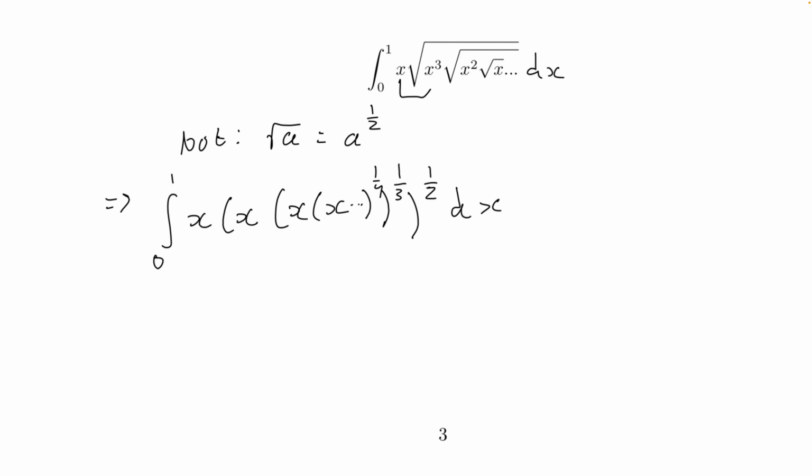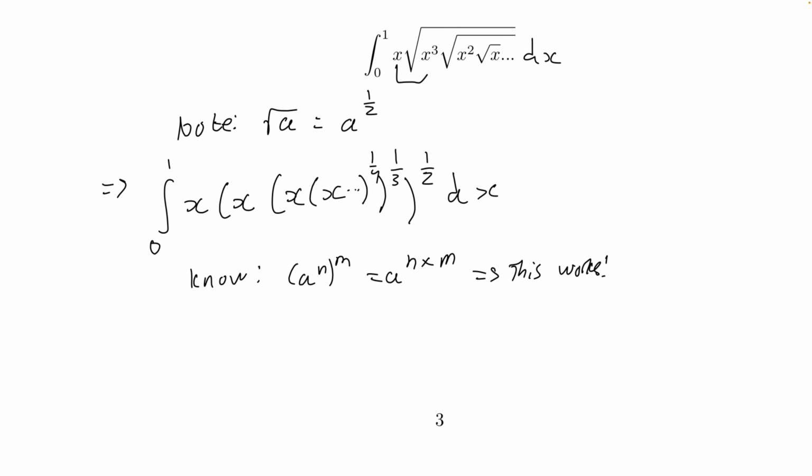Now, we know from our indices rules, furthermore, note that a to the power of n, all to the power of n, is equal to a to the power of n multiplied by n. This works.